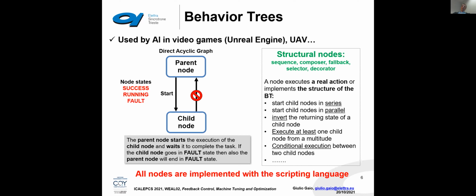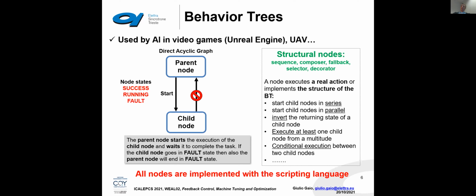Behavior trees are directed acyclic graphs, which means there can be no loop between the child node and the parent node. In the simplest implementation, the parent node starts the execution of the child node and waits for it to complete the task. If the child node goes in fault state, then the parent node also goes in fault.